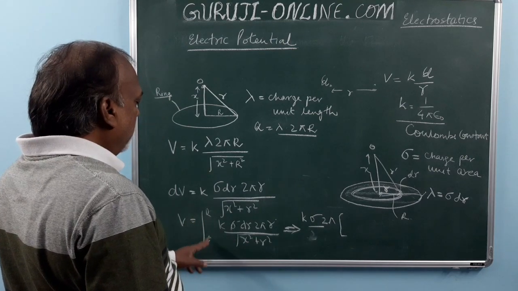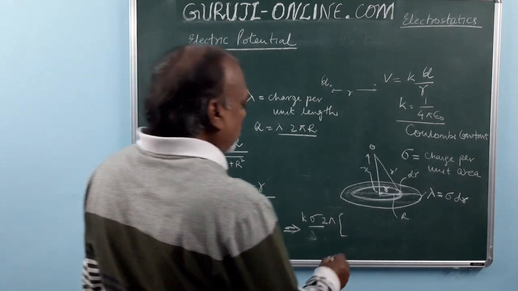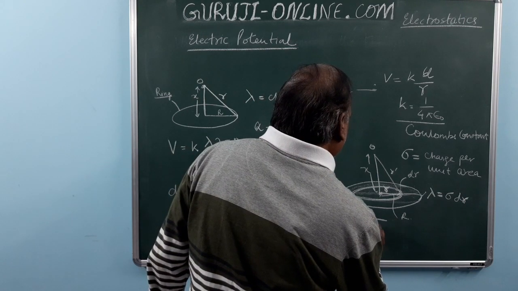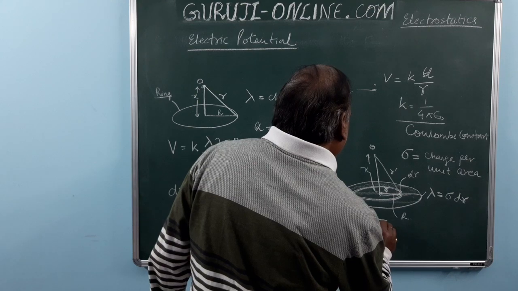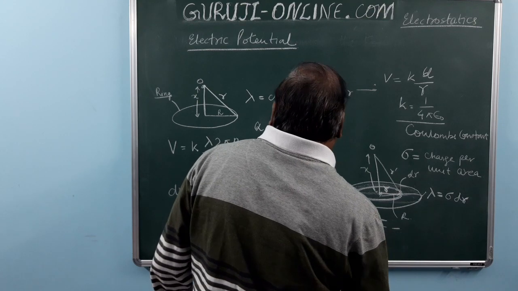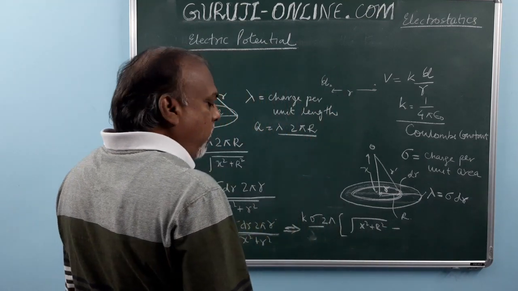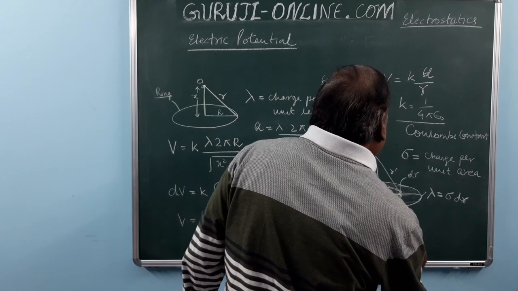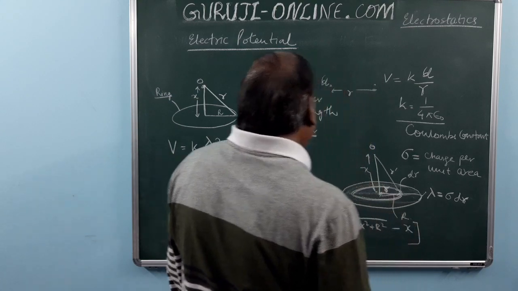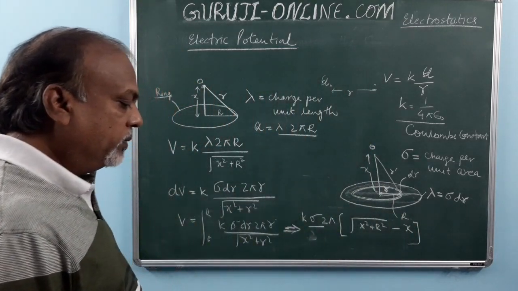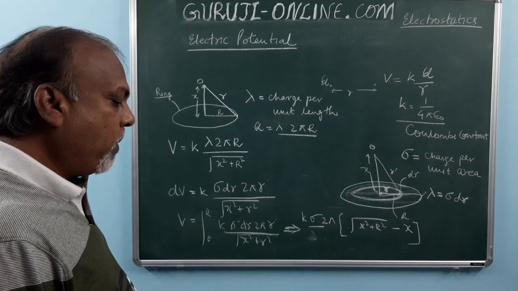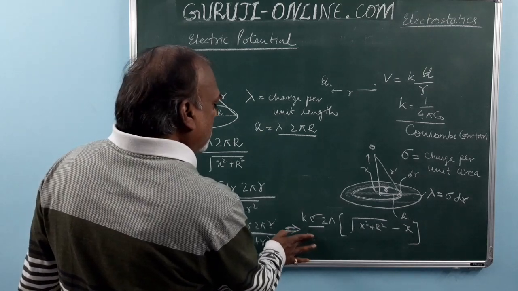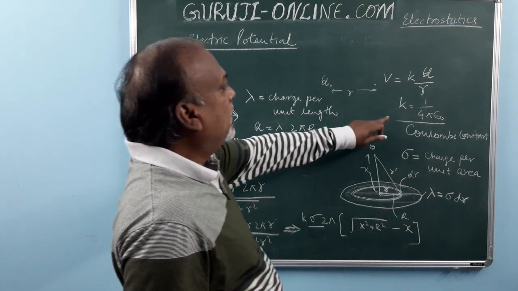When you integrate and put the values, this will give you root of x square plus r square minus x. So in this case you get this value.